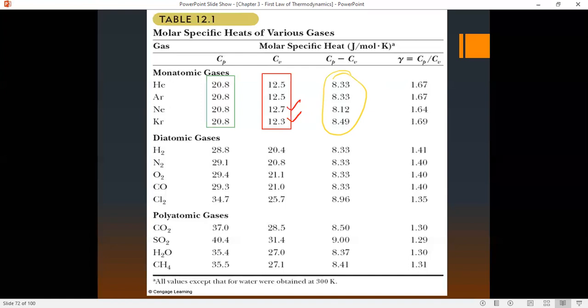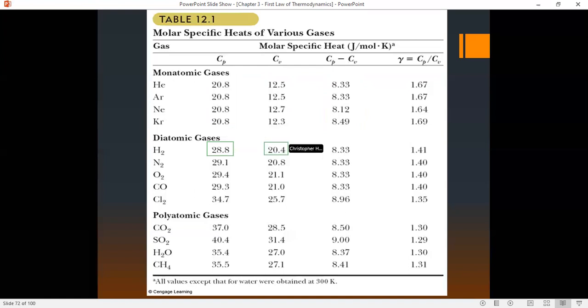Okay. Now for the diatomic gases, we start seeing a greater deviation. I guess hydrogen would be the best representative of a diatomic gas that was as close to an ideal gas as possible. So here we see 28.8 and 20.4.